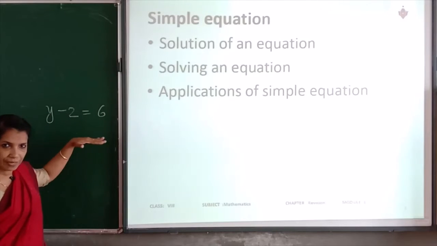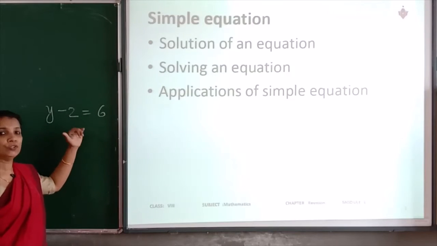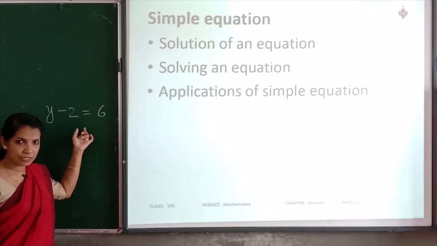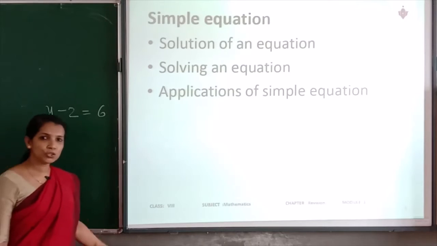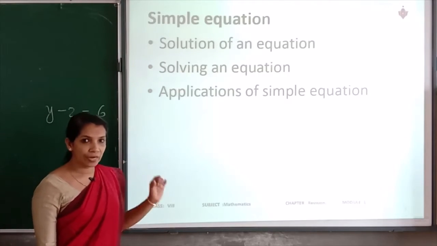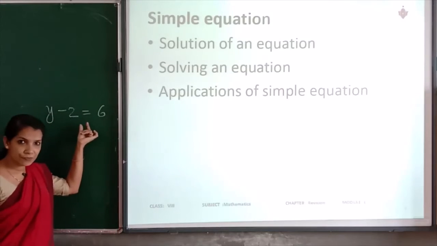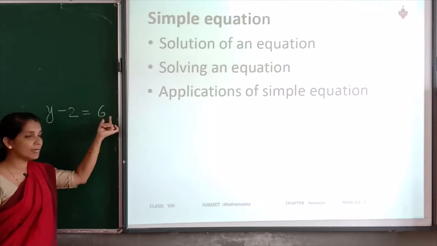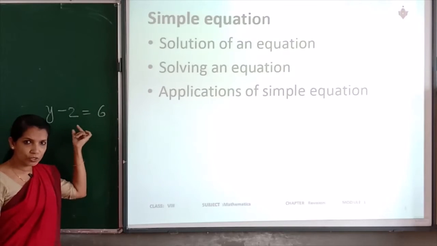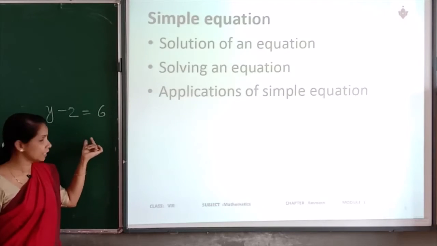So, this is a simple equation. You know how to find the solution of this equation. What do you mean by solution of this equation? Finding the value of the variable which satisfies the left side and right side. That value is called the solution of this equation.